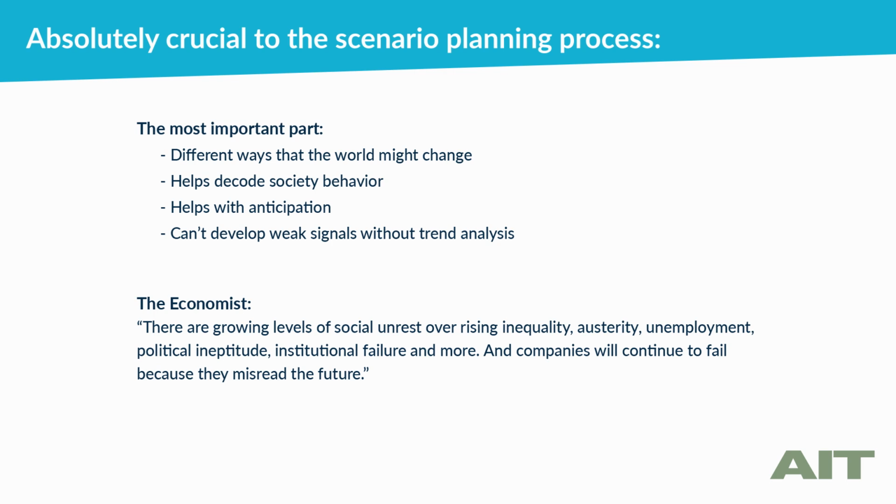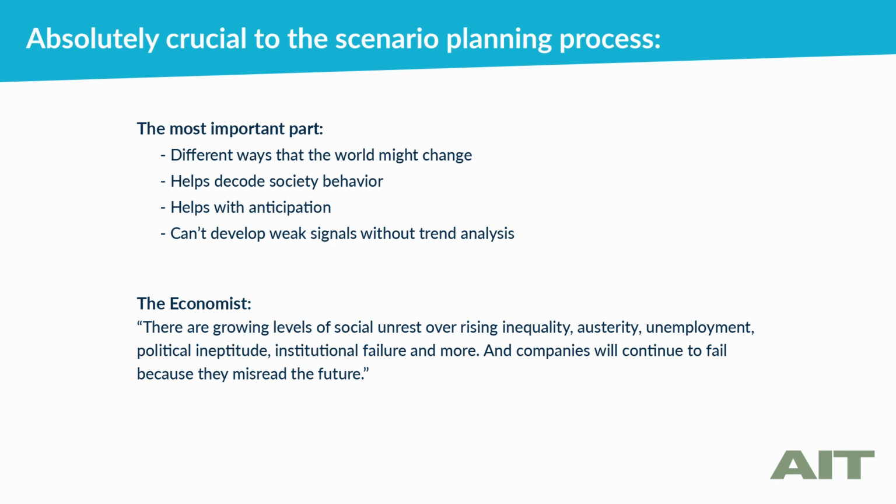It can actually help decode the behavior of society, which is notoriously unpredictable. It helps us with anticipating change. And we can't actually develop weak signals properly without knowing where to go for data. And the macro trend is the data.